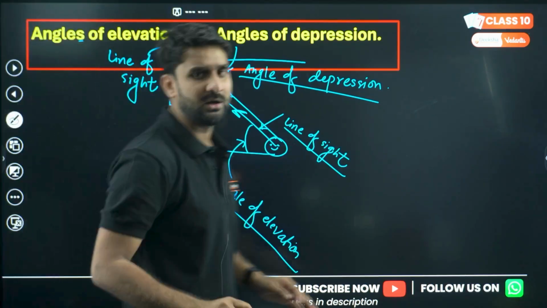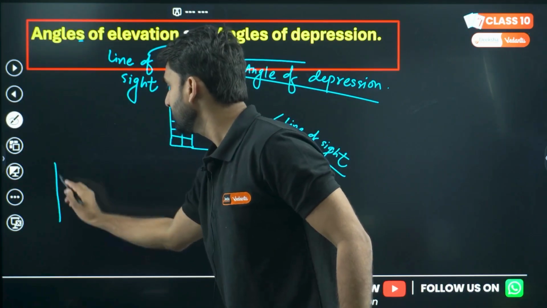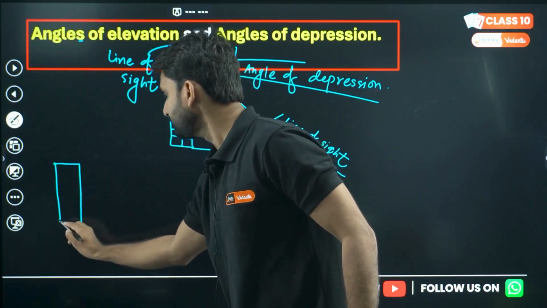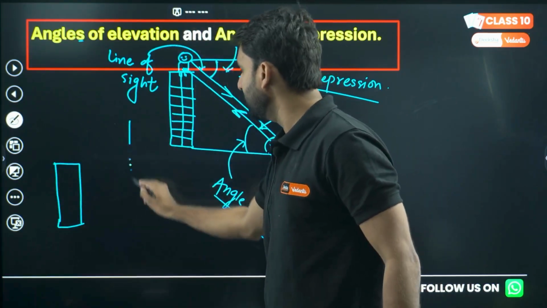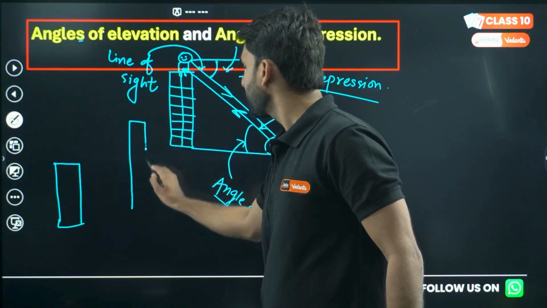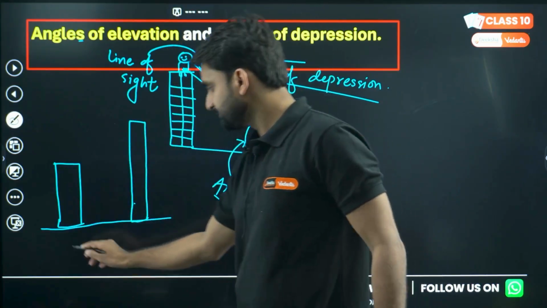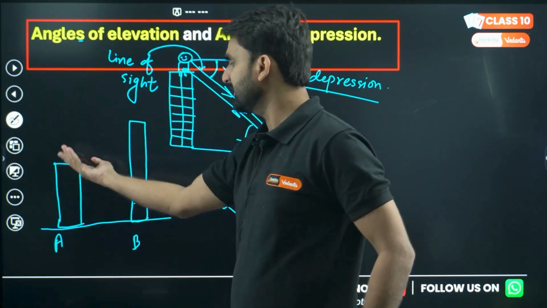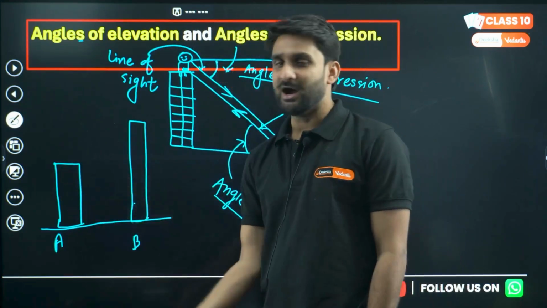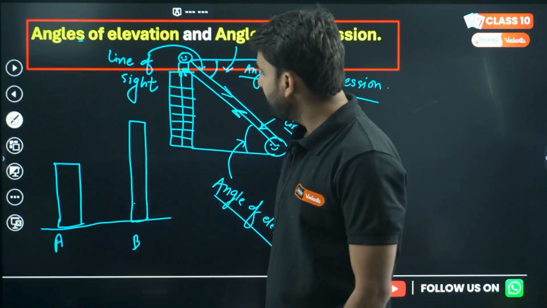Let's say, my dear lovely kids, there is a tower, a building. This is a building here and this is another building. As you can see, both buildings have different heights. The height of building B is higher than this one.